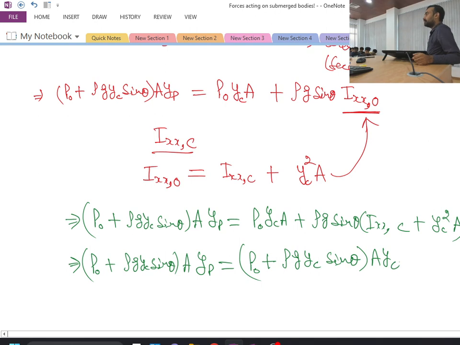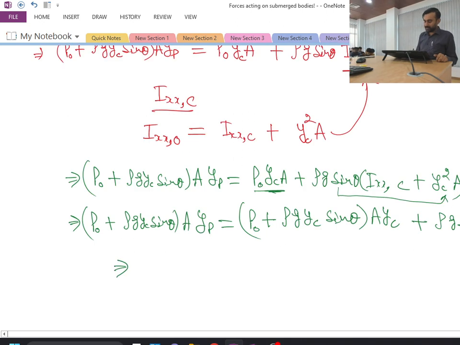Is this clear? So the first term and the multiplier with this term, I have taken A YC common and added together. And then I will have plus rho g sine theta into Ixx at centroid. Fine.